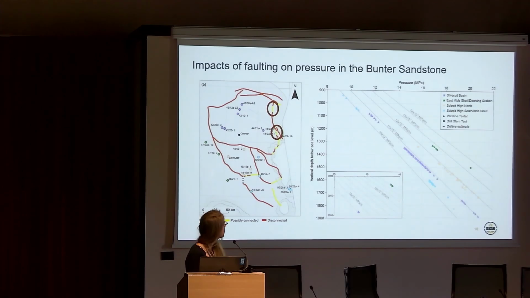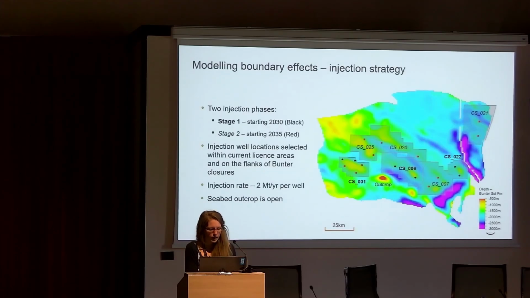And then the last bit of modelling that we did was looking at the impact of the faults. We identified a few areas, or these 2 areas, where we were more uncertain in connectivity. For this, we had 2 injection phases. We looked at the public information on planned start of injections, and then grouped them into 2, an earlier phase and a later phase.